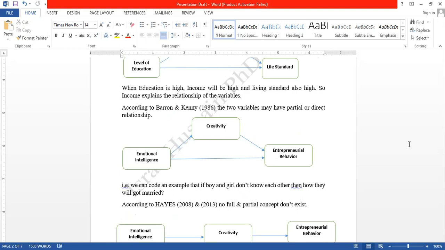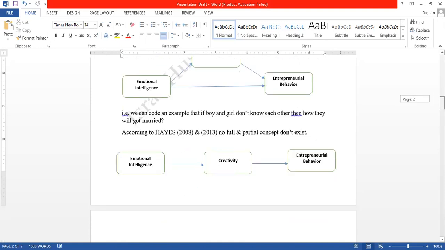So emotional intelligence and creativity will increase entrepreneurial behavior as well. If you have strong emotional activities with creativity in the organization, you will have more entrepreneurial behavior.